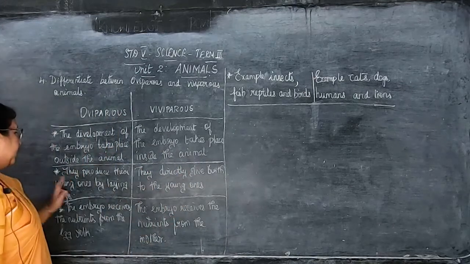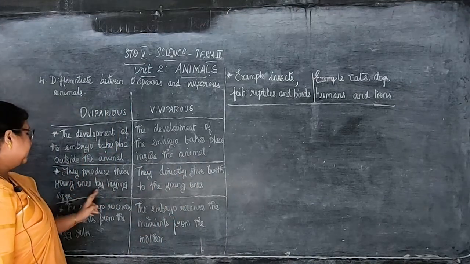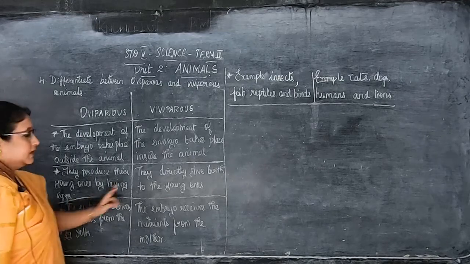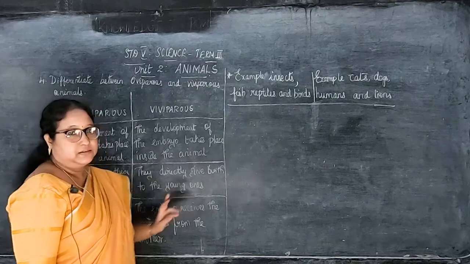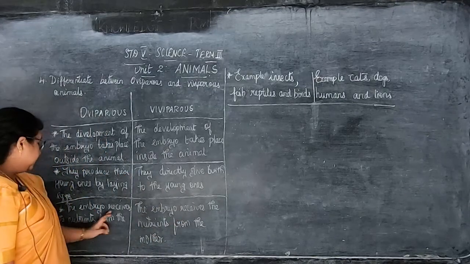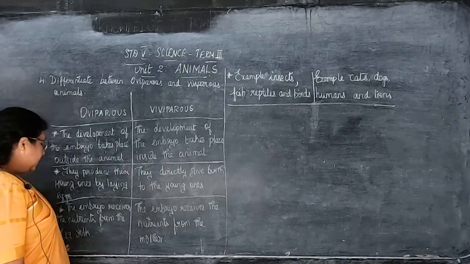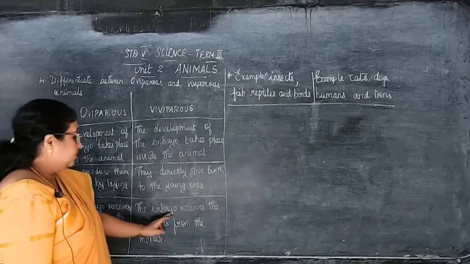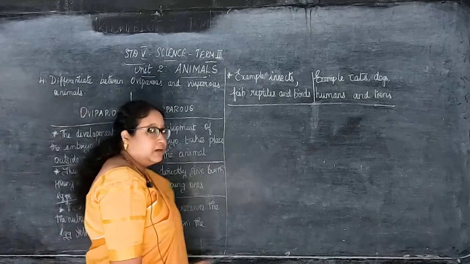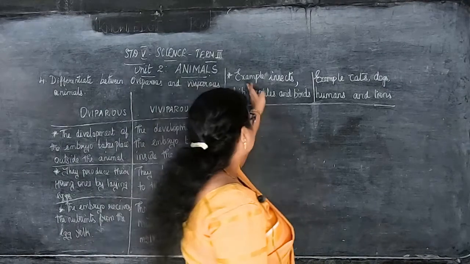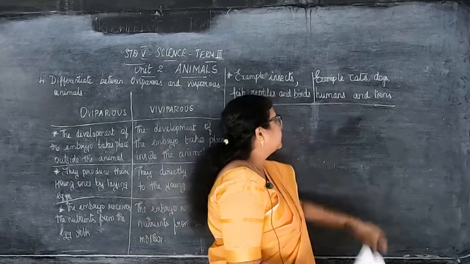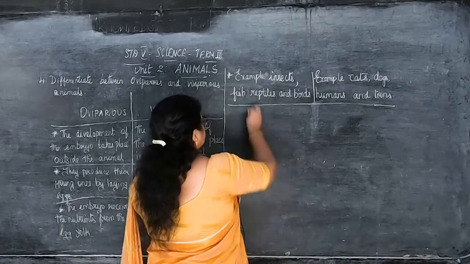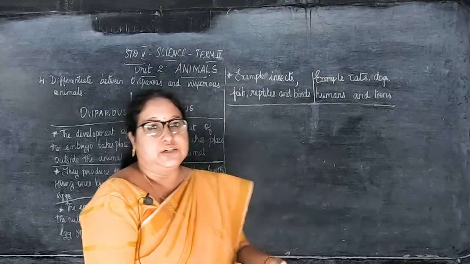Second point, they produce their young ones by laying eggs. They directly give birth to the young ones. Third point, the embryo receives the nutrients from the egg yolk. The embryo receives the nutrients from the mother. Then examples, insects, fish, reptiles and birds. Here examples, cats, dogs, humans and lions. Okay children, did you understand this?